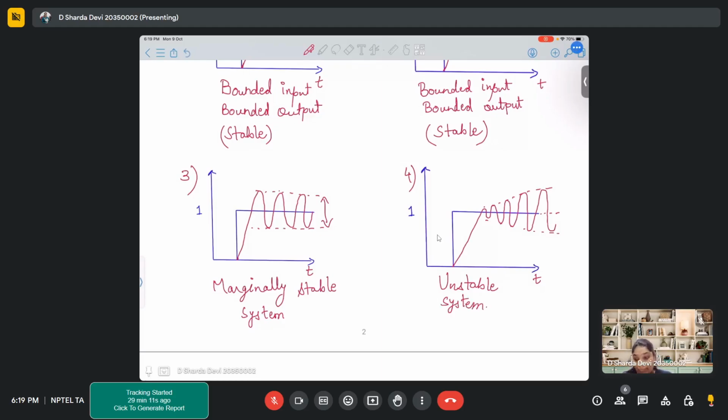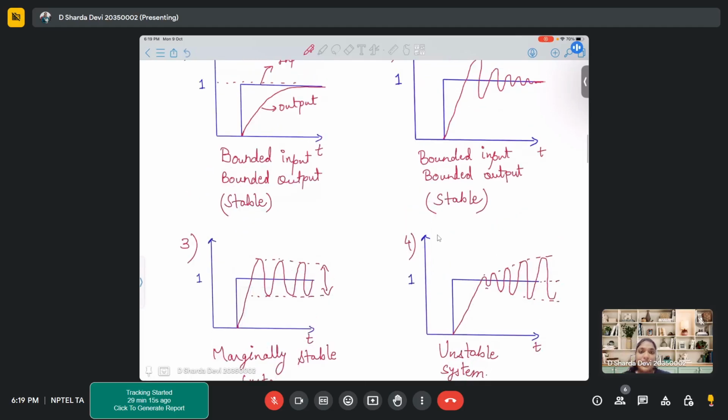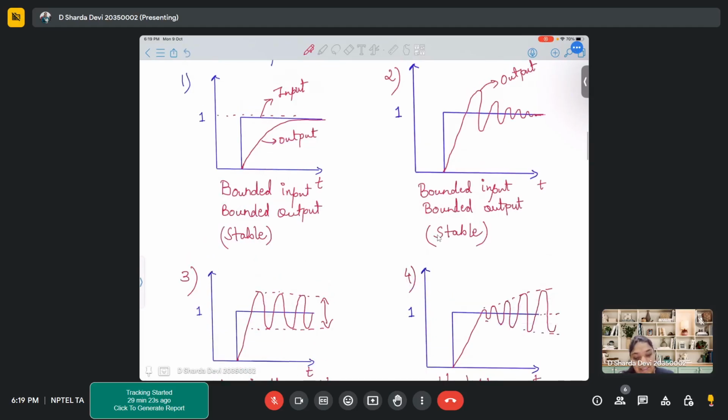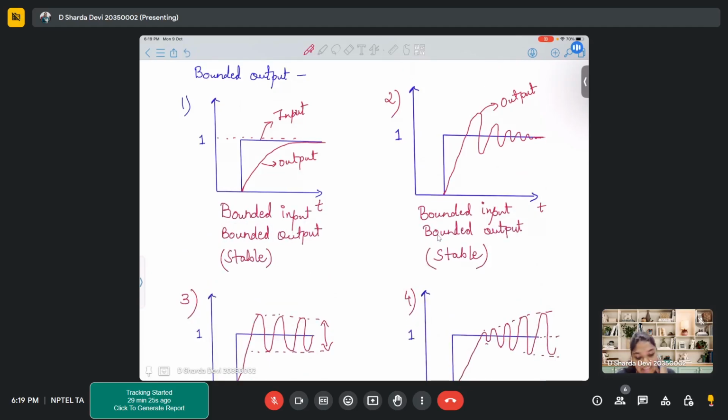Unstable system. So these are the basic four types of outputs that you can get from your circuits. The first one is a stable system. We also call it an overdamped system. The second one is a damped system.